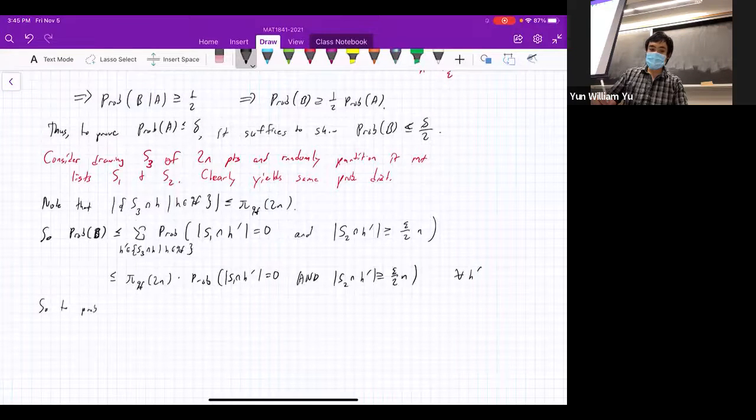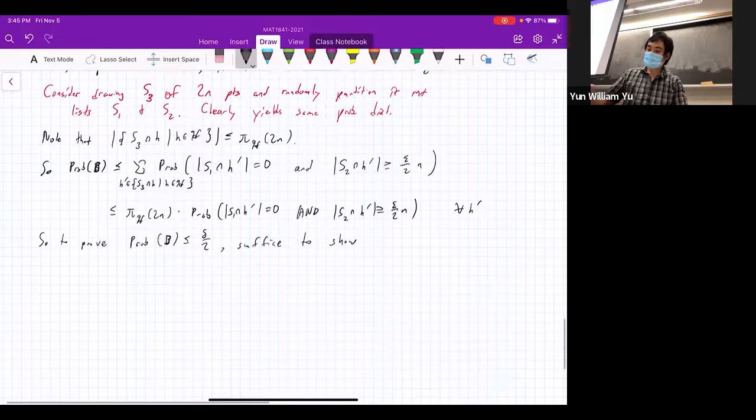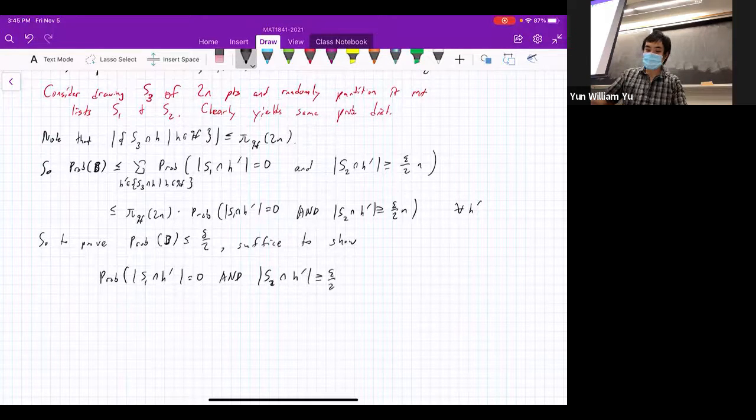So to prove the probability of B is less than or equal to delta over 2, it would suffice to show that this probability of S1 intersect H prime is equal to 0, and S2 intersect H prime is greater than or equal to epsilon over 2n.